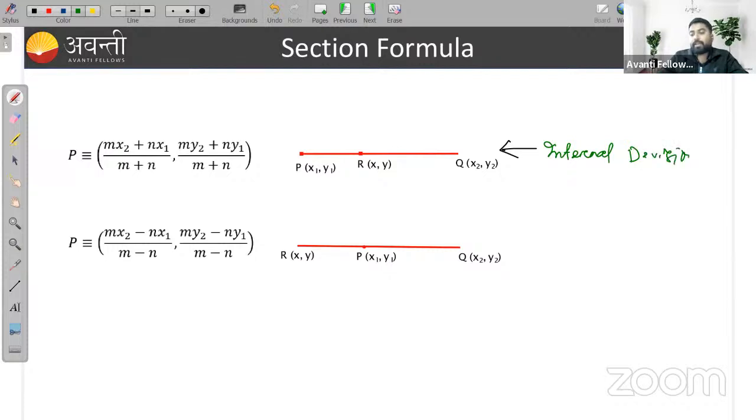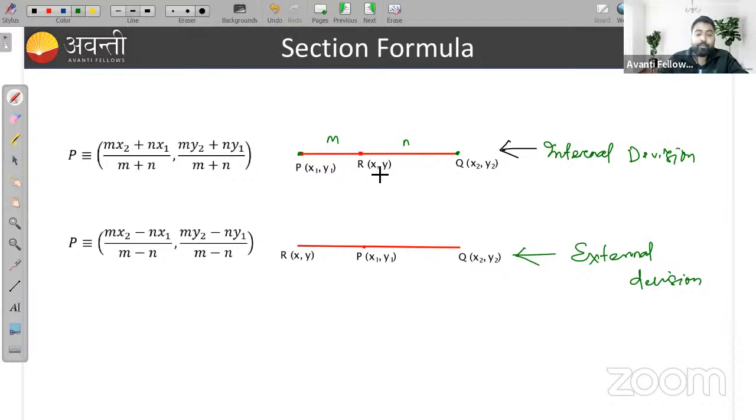Okay, and the second one is external division. If the point R divides the line PQ internally in the ratio m is to n, then what should be your answer?